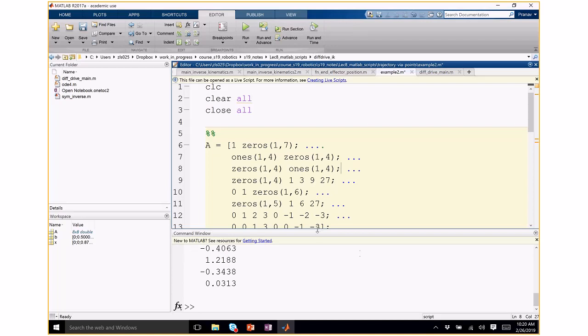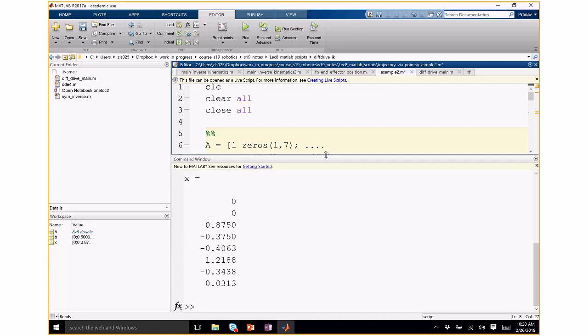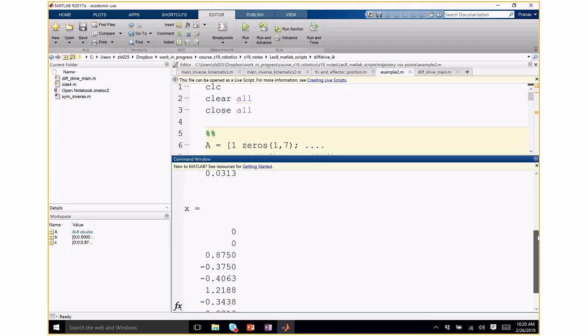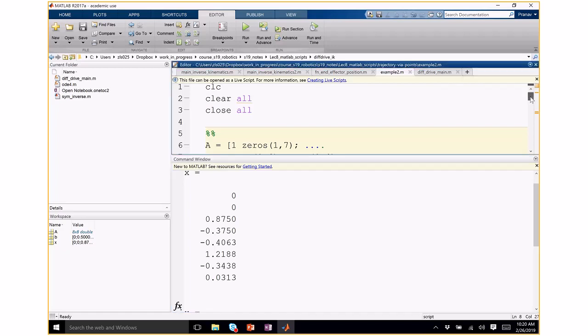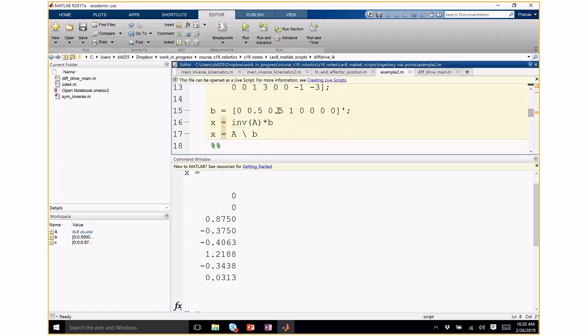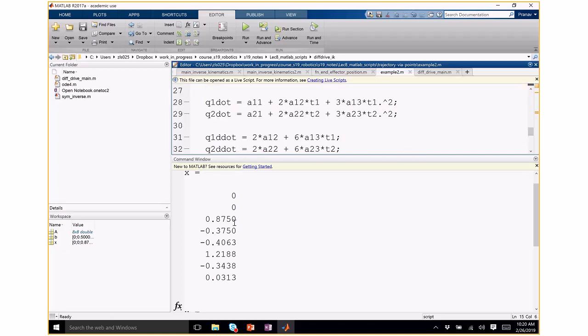Okay, so it printed something. It will print X twice, right? Once using inverse A times B. That's what you get if you write inverse A times B. This one produced this output.